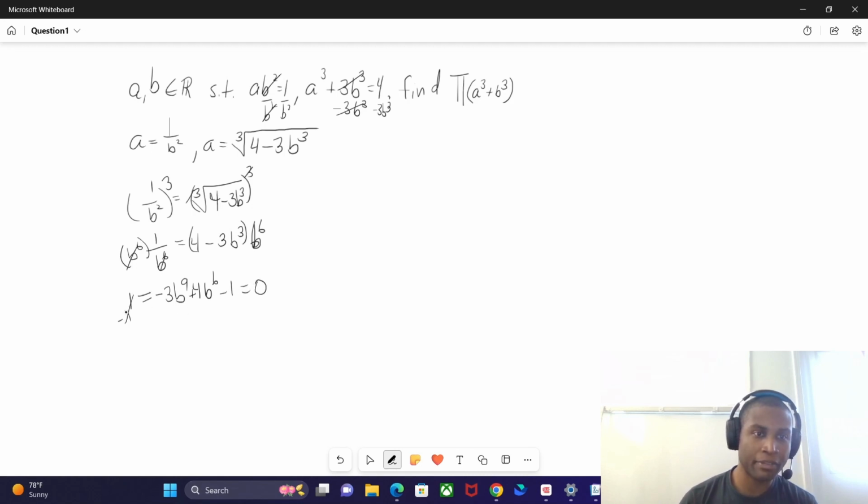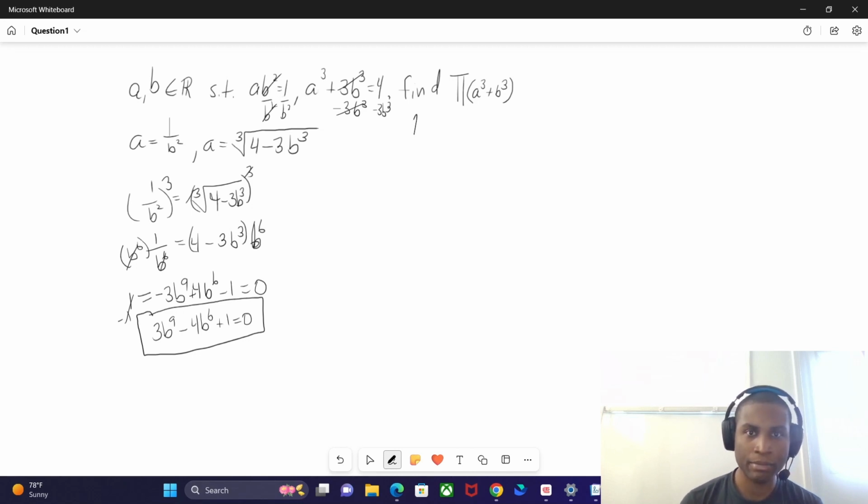I can multiply both sides by -1, leaving us with 3b to the 9th minus 4b to the 6th plus 1 equals 0. Just looking at the equations given at the beginning, ab squared equals 1, so 1 times 1 equals 1 is a viable solution to this first equation. So let's see if that works in our second equation, and if so, we have found our first values of a and b.